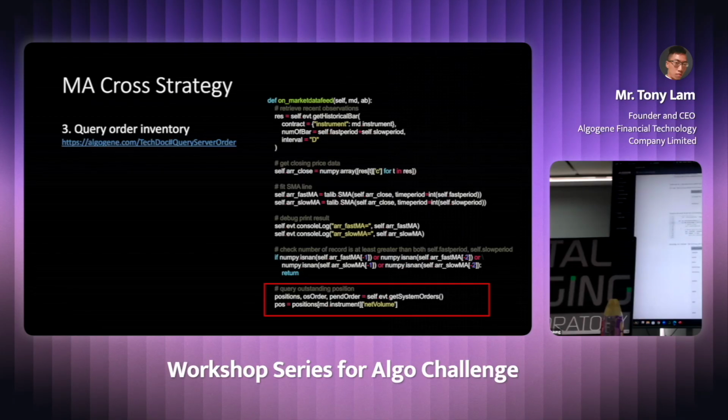Actually, this function will return four results. The first one is about the current decision. The second one is about any outstanding order. And this one is the pending order. For our case here, we will focus on this object, the position.